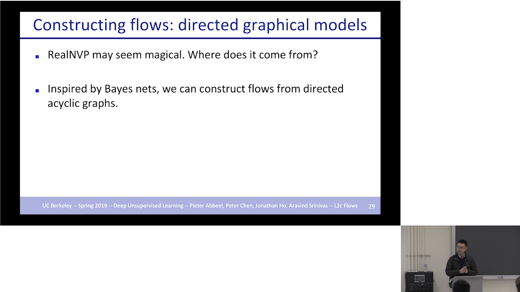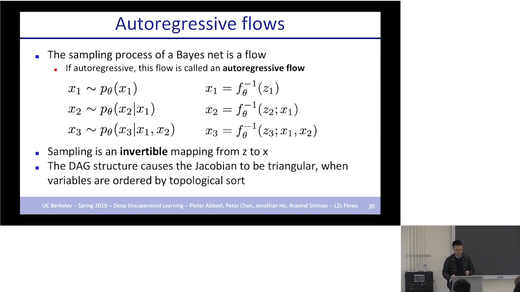If we have a set of random variables and we construct a Bayesian network structure out of them, then we can construct the flow from the DAG structure of the Bayesian network. This is somewhat abstract, so we will see a couple of specific examples that we are very familiar with.